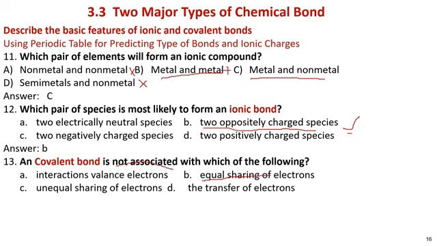Remember we have the range. So a covalent bond is not associated with the transfer of electrons. Ionic compounds, between metal and non-metals, are the only ones. Therefore, the answer is D.